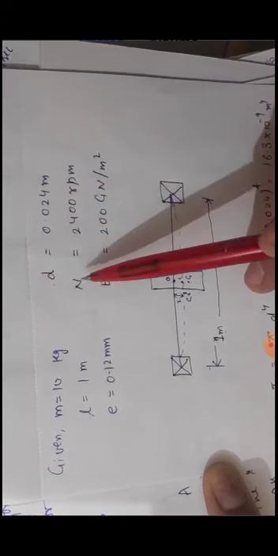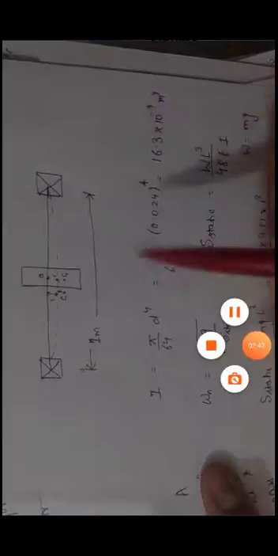Eccentricity due to manufacturing defect, the distance between this point C and G, is 0.12 mm. The diameter of the rotor is 0.024 meter, the speed at which our shaft is rotating is 2400 rpm, and E, the Young modulus, is 200 giganewton per meter square.